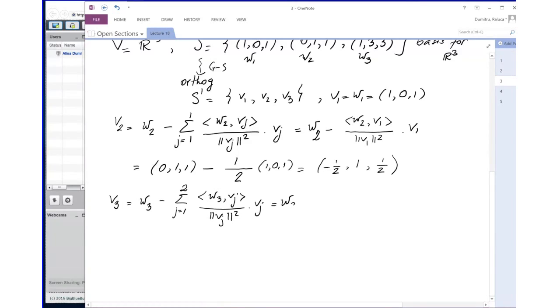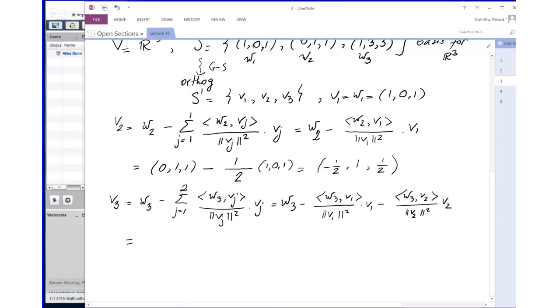There are two of them now. W3 minus the inner product between W3 and V1 over the norm of V1 squared, all times V1, minus the inner product between W3 and V2 over the norm of V2 squared times V2. So you can imagine what happens if you keep on going. If your set contained more than 3 vectors, it would be a lot of computations.